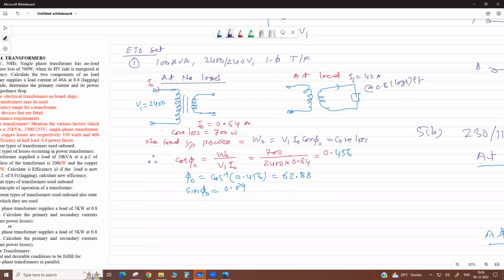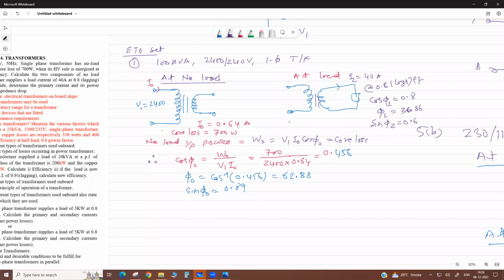Now cos phi 2 is 0.8, then phi 2 comes to 36.86 degrees. Then you can calculate sin phi 2, which comes to 0.6.